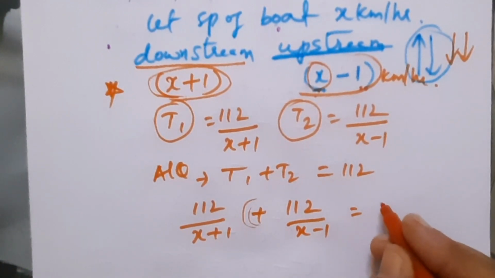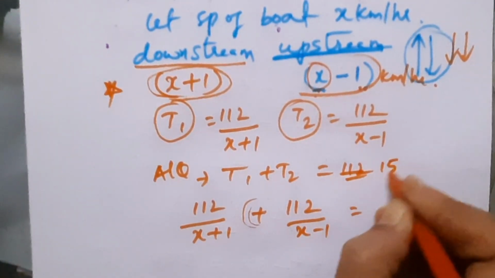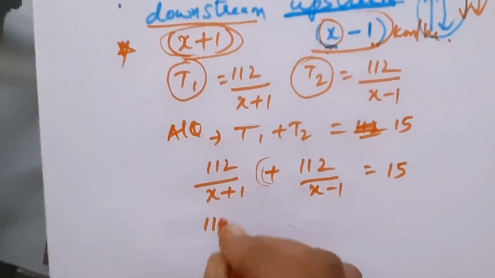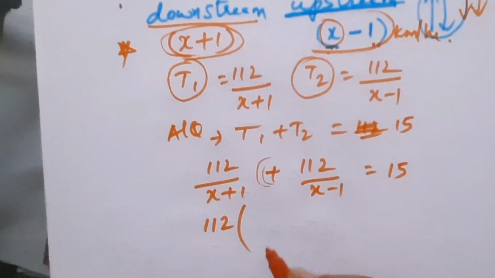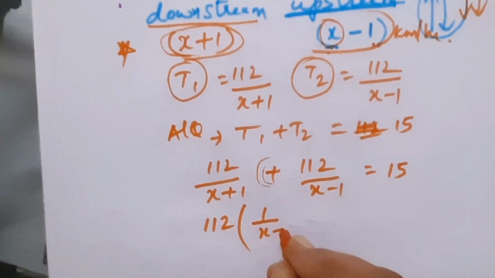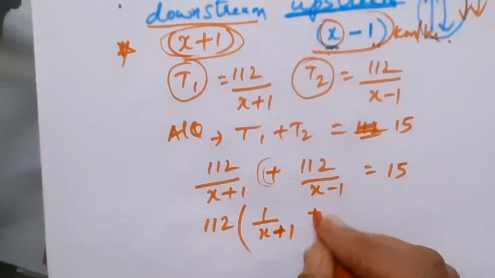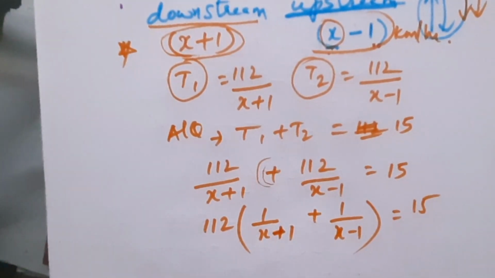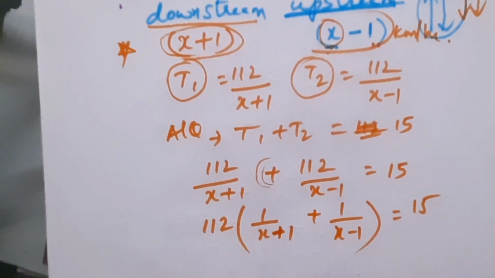So total time duration is given 15 hours, so we will consider time as 15. As I told you earlier, 112 will be taken common, 1 upon x plus 1 plus 1 upon x minus 1. Now if cancellation can be done, then cancel out. If not possible, leave it like this.